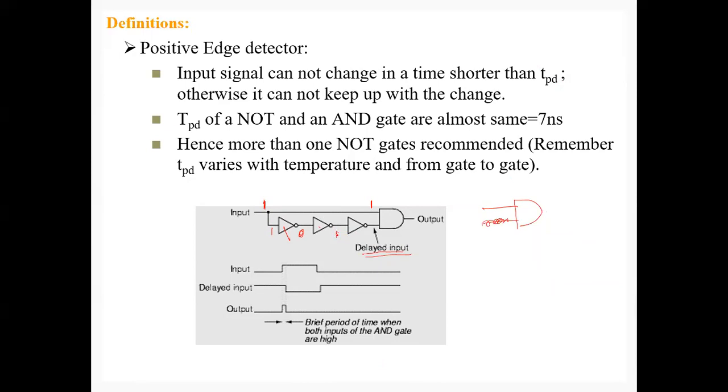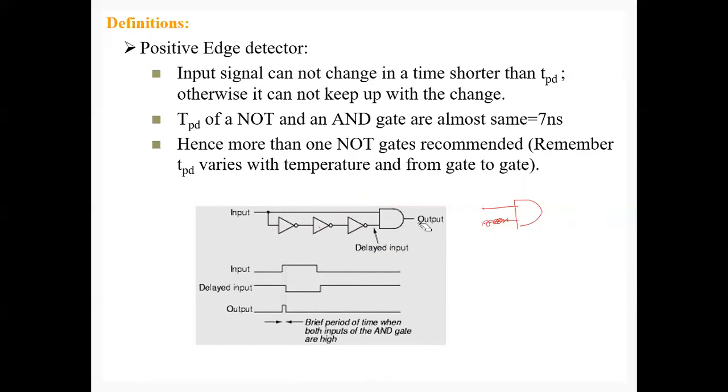If you want 1 1, you can connect these two. If you want 1 0, you could simply have only one NOT gate. But instead of doing that, you put 3 there because you want a delayed input. If you want a delayed input, you can have more gates connected like this. That way you get the delayed input.